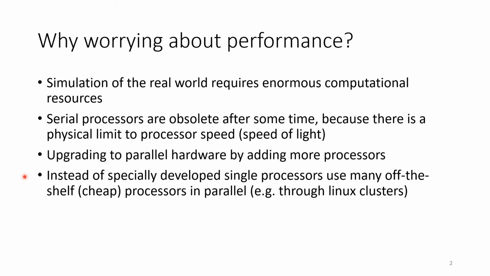But if we're talking about supercomputers, it gets very expensive very quickly. So how can you use multiprocessor hardware, in terms of clusters of off-the-shelf processors, as your tools for being able to conduct more complex numerical simulations?